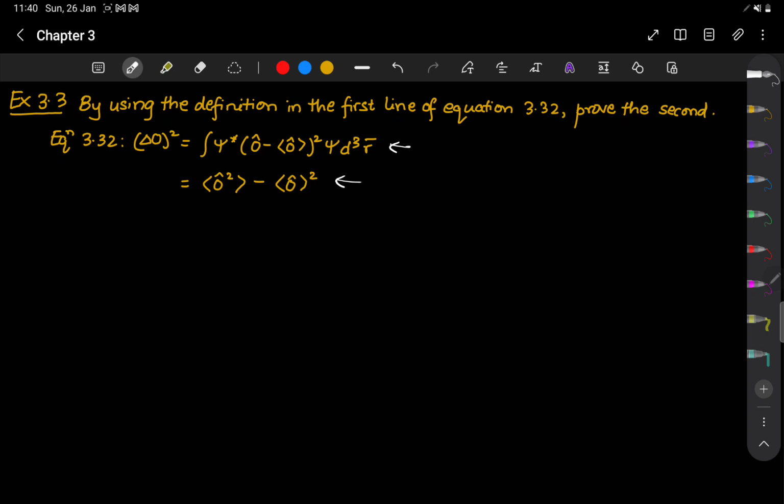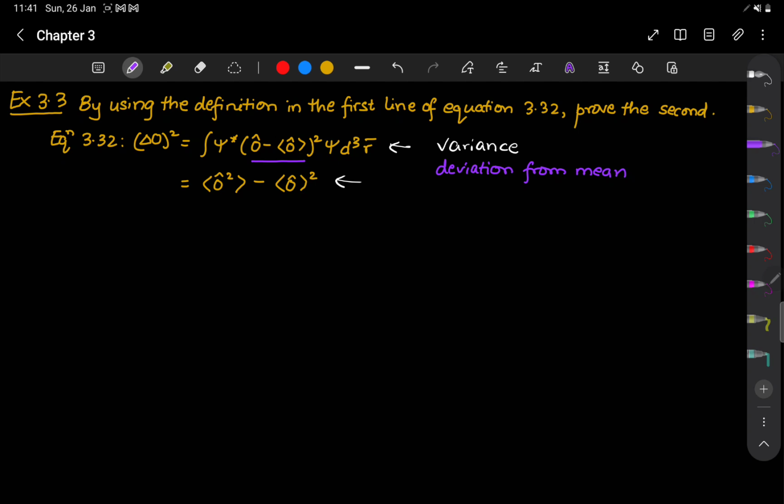And this delta O squared basically means variance, and variance denotes the deviation about the mean. If you look at the first line over here, you see these angular brackets, this denotes the mean. So this is deviation about the mean, operator minus the mean.